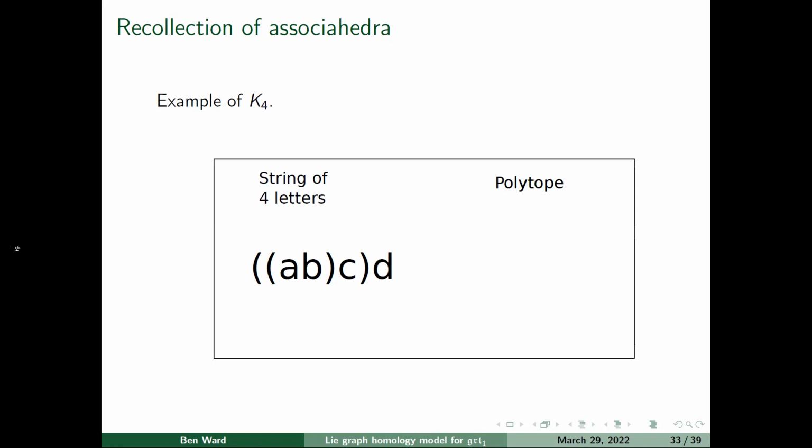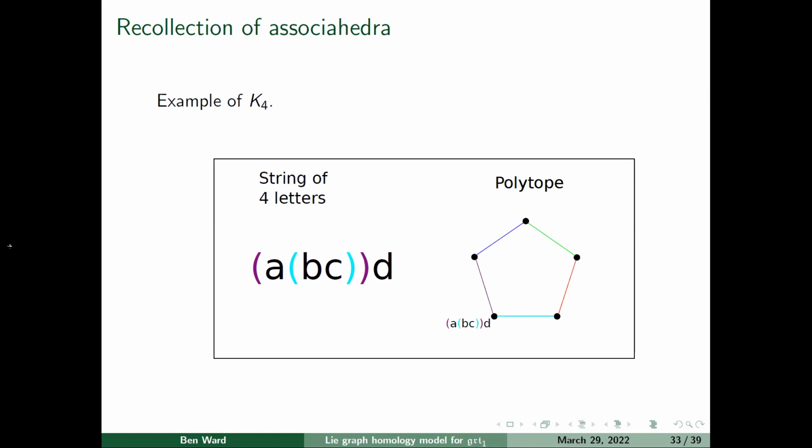Let that correspond to a vertex in a polytope on the right-hand side. Now let me erase one pair of parentheses and let that correspond to an adjacent edge. Or I could have erased the other one, which will correspond to another adjacent edge. Now I can reparenthesize and erase, reparenthesize and erase, reparenthesize and erase, and I get a pentagon.